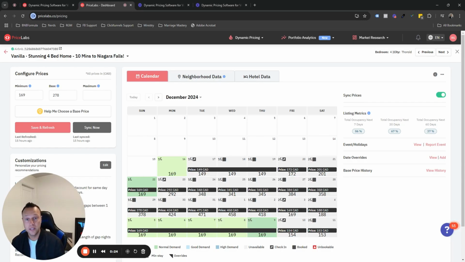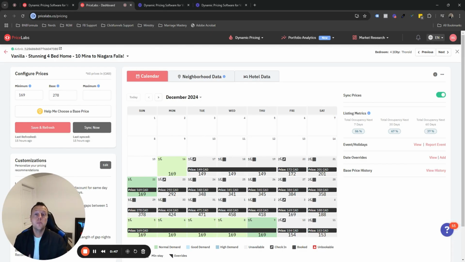Am I charging too little? Do I have the right pricing set up for this weekend? Do I have the right pricing set up for Christmas, for Easter, for spring break, March break, whatever the case might be? How many times have you just spent hours and hours researching prices in your area, wondering what you should charge and trying to change the prices here and change the prices there?